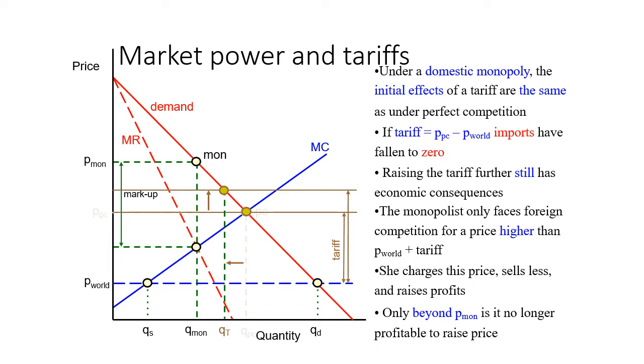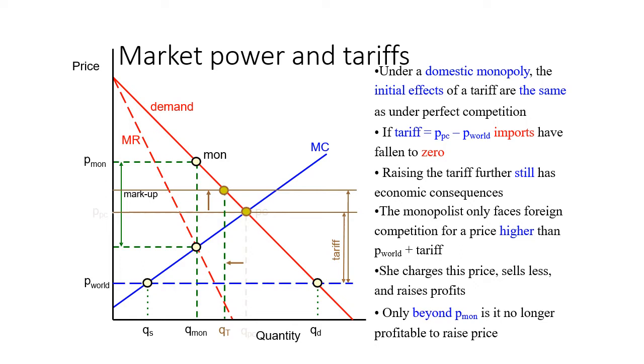But what is the highest price that they can charge? The highest price that they can charge, being a monopoly where you have a tariff that when added to the world price exceeds the perfect competition, is a tariff that is equal to the difference between the monopoly price under autarky and the price of the world.